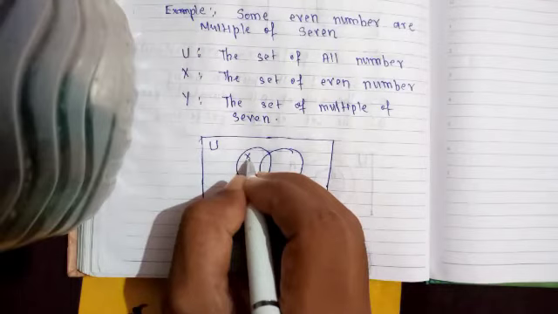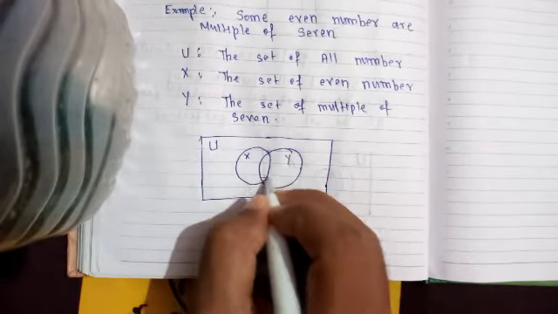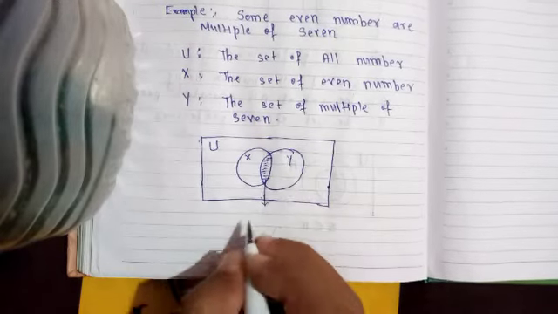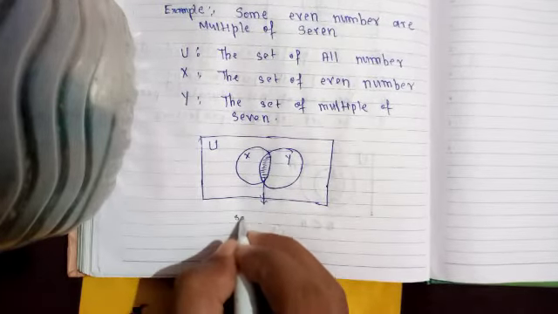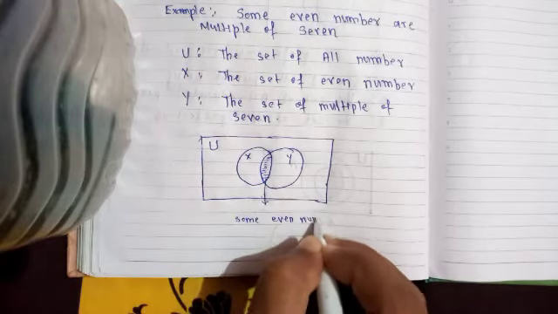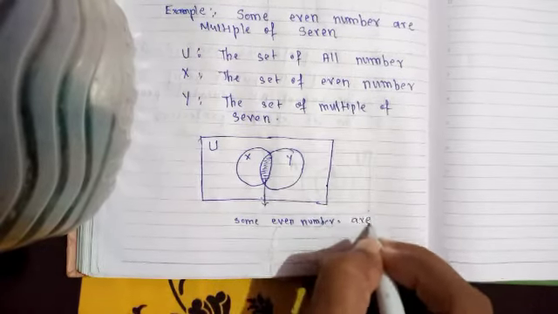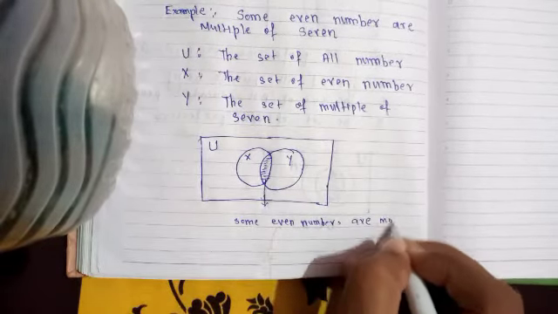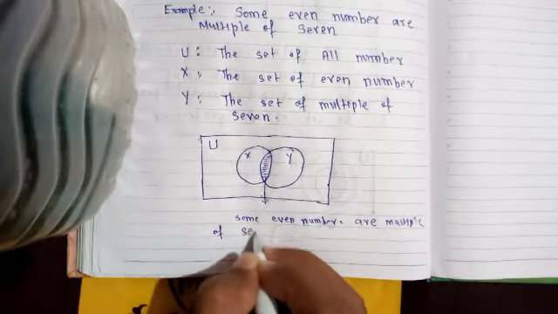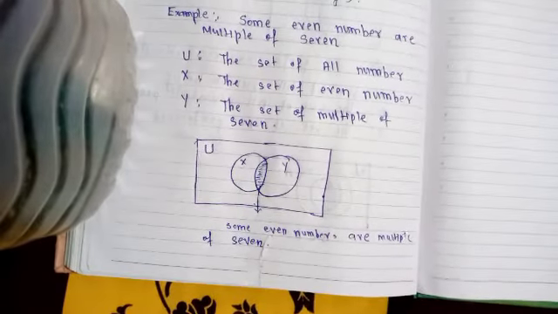So this is x and this is y. So these are the multiples of 7. So you can represent "some even numbers are multiples of 7."